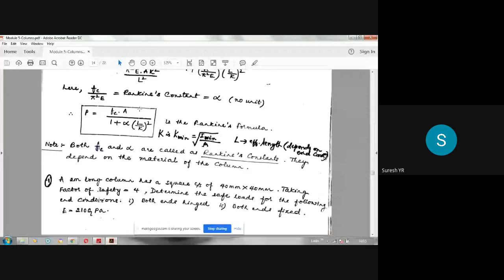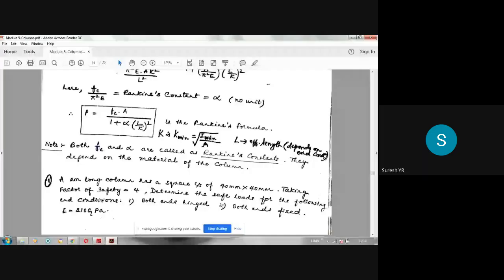Now, what is the value of K we have to take? Normally we take K minimum. On that day I told you K minimum is given by root of I minimum divided by A. In the case of a rectangular column, we have to be careful, because there will be two values of moment of inertia.